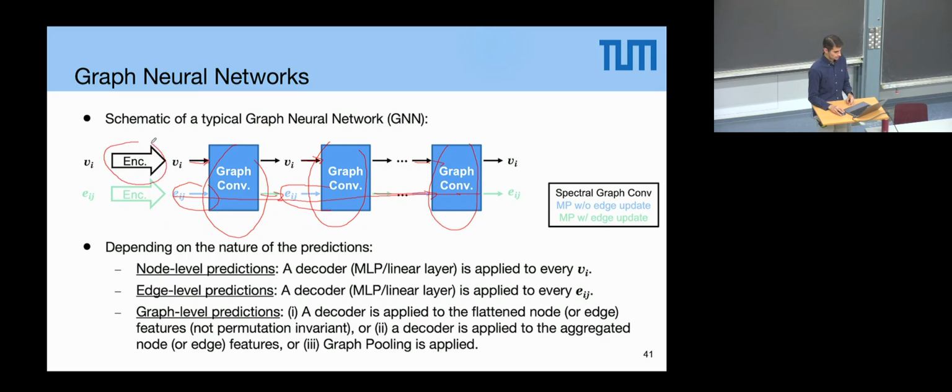Here the encoder is used to increase the dimensionality. The input feature vector at each node can have only a few elements or channels, like the horizontal and vertical components of the velocity and the pressure. So we use what we call an encoder, which is just an MLP or a linear layer, to increase the dimensionality of this vector.